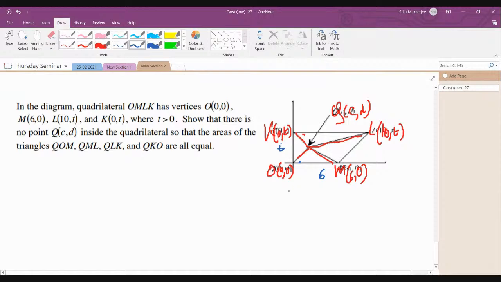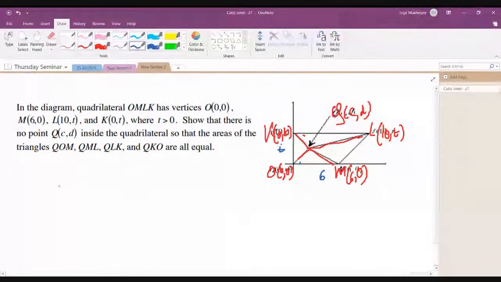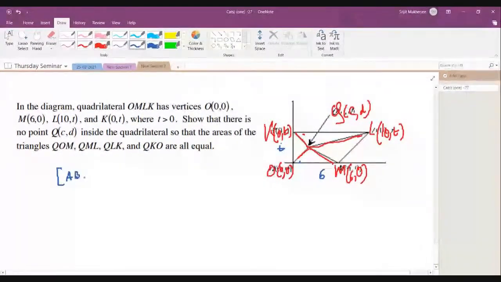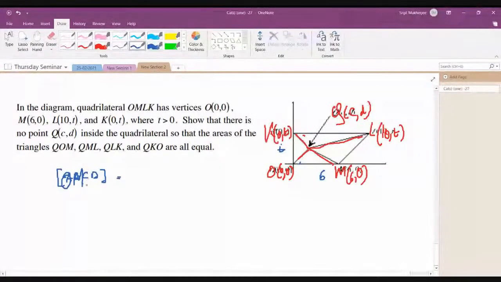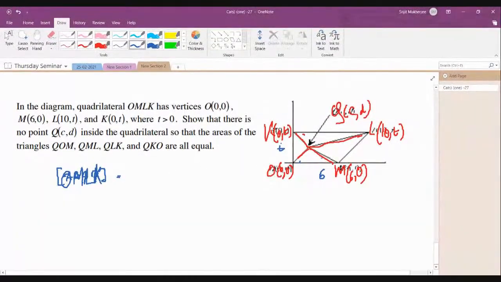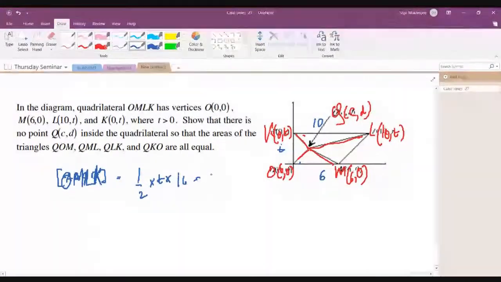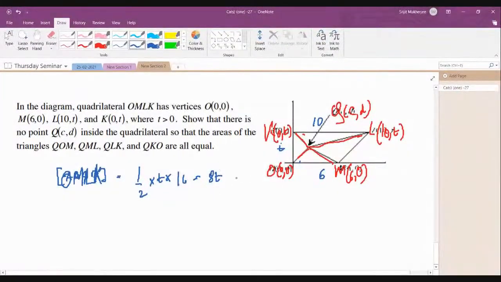So the area of the whole thing, OMLK, is half into T into 16, that is 8T, and we're dividing it into 4 equal areas, so each of these is 2T.